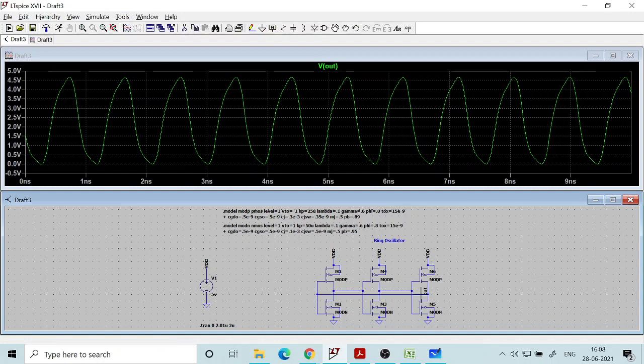That is the output oscillation. I have plotted it from 2 micro to 2.01 micro, so that I can see the steady state value.